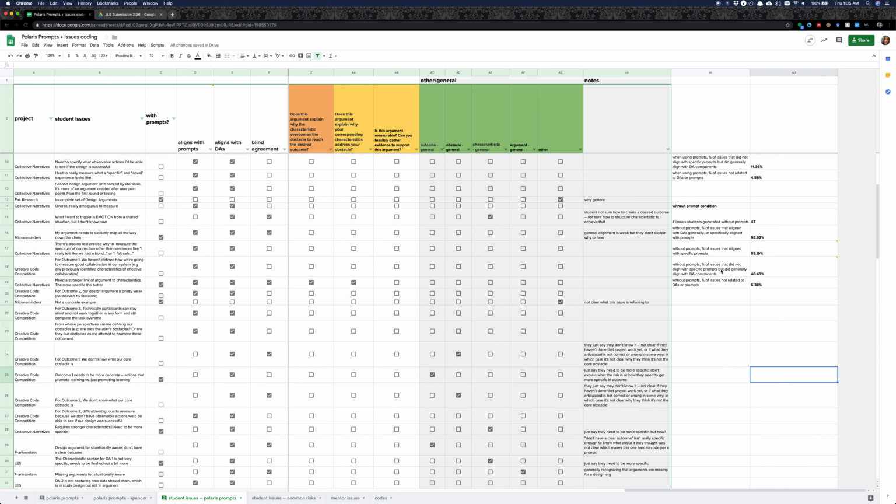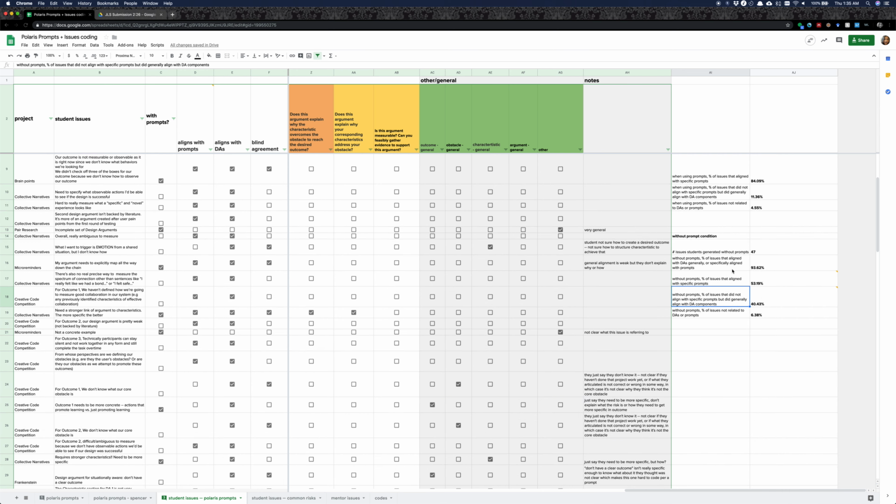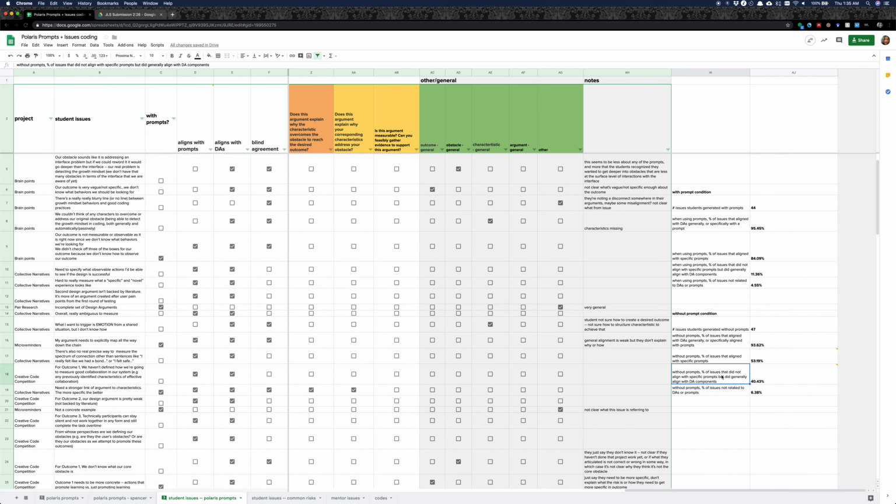The big change between these two conditions is a large shift from general types of issues to very specific issues that aligned with prompts, which get them to reflect on specific ways in which, for example, the outcome of their design argument might have particular risks or issues within it. Statistically, I found that really interesting and cool.